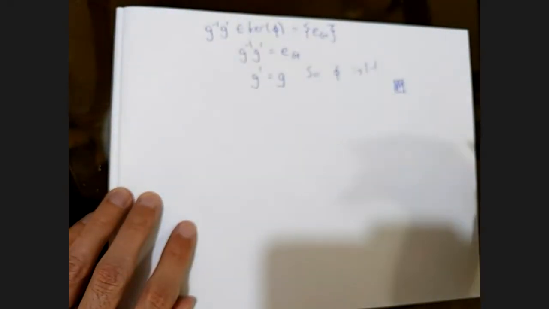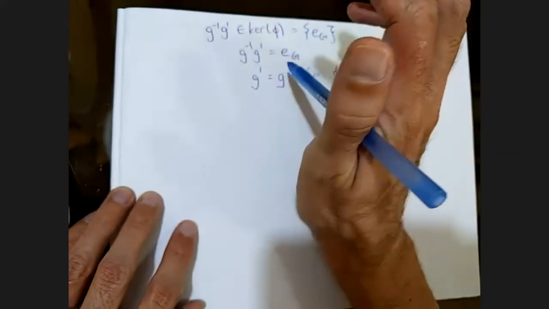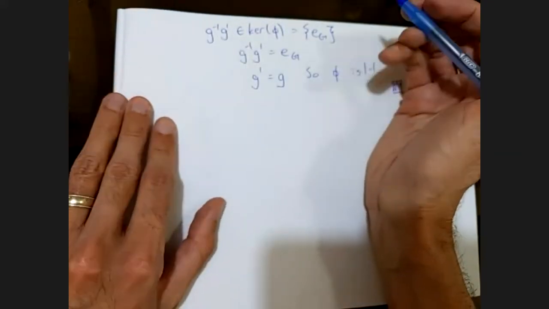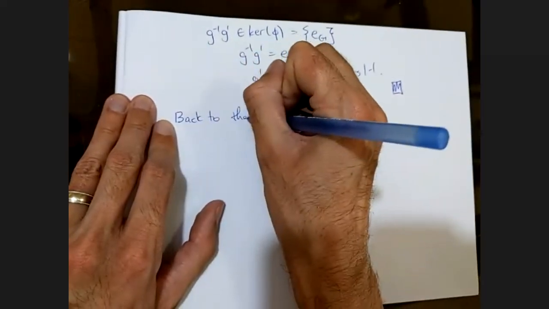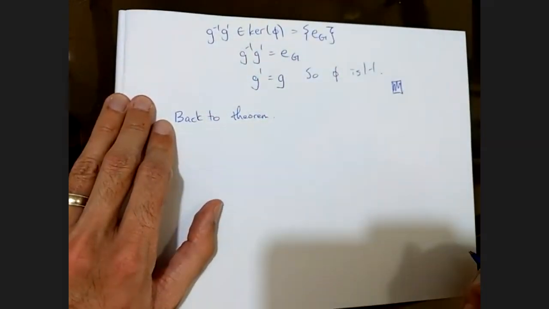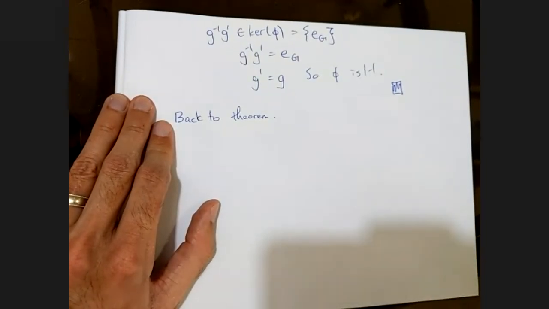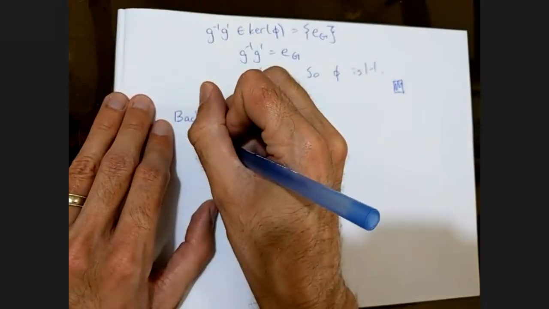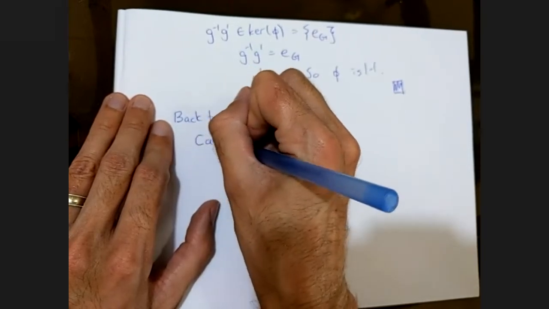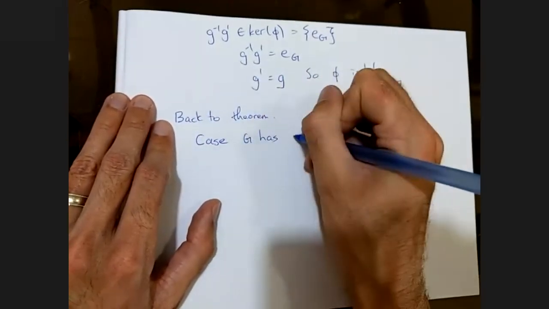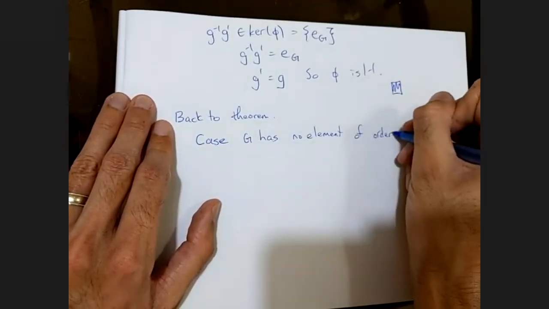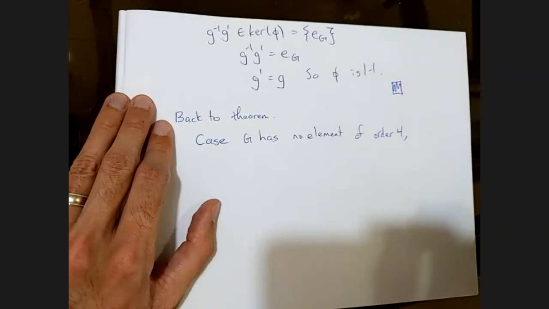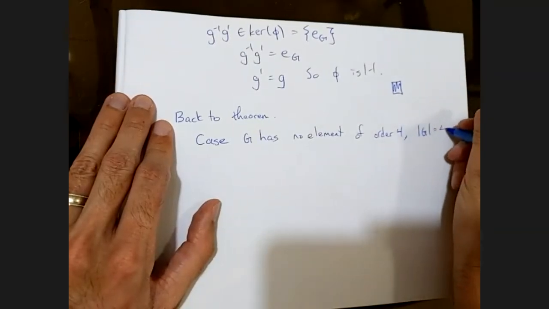Now we have to finish off the proof of our theorem. Back to our theorem. Let me remind you what we have to show. We're in the following case: G has no element of order 4, but G has 4 elements.